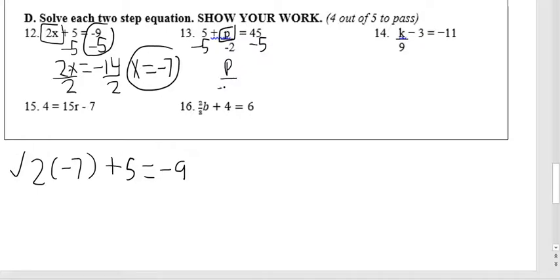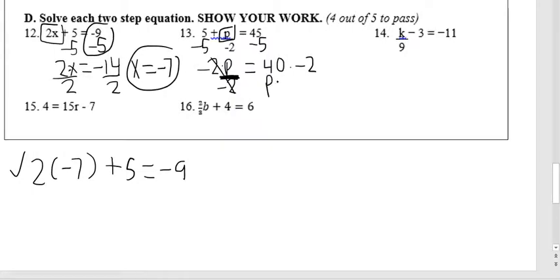So p divided by negative 2 equals 45 plus a negative 5, which is positive 40. And because this is p divided by negative 2, in order to get the p all by itself, we're going to have to get rid of that divided by negative 2 by timesing by negative 2 on both sides.